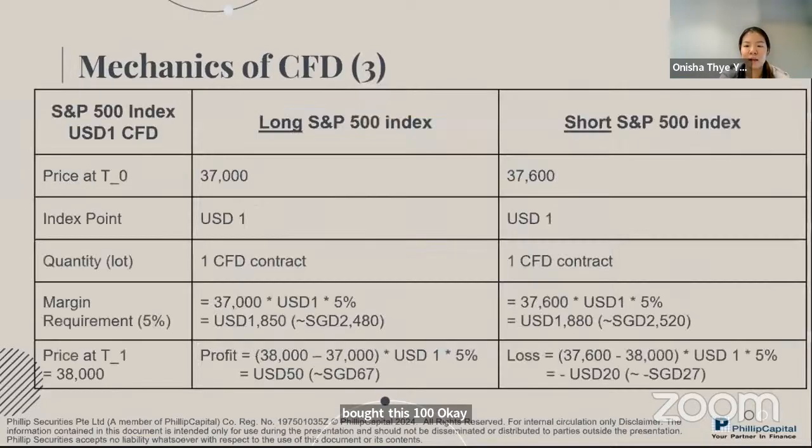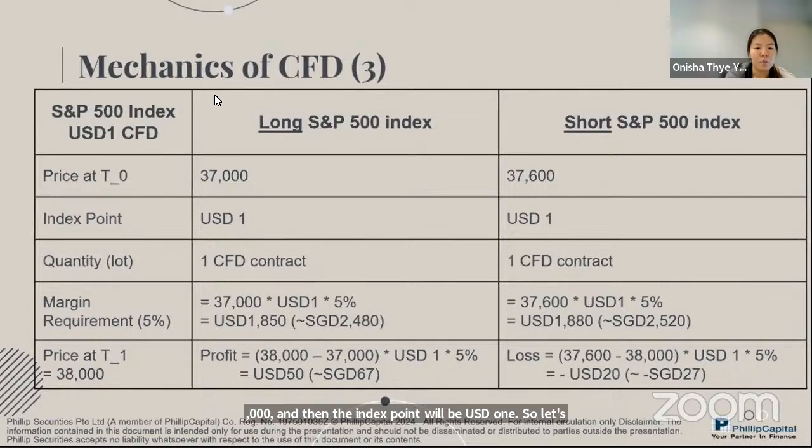Okay, now let's say for an index, for example an S&P 500 USD1 index. Let's do some calculations. One point movement in this S&P 500 is worth USD1. Let's say the price at T0 is 37,000 and the index point is USD1.